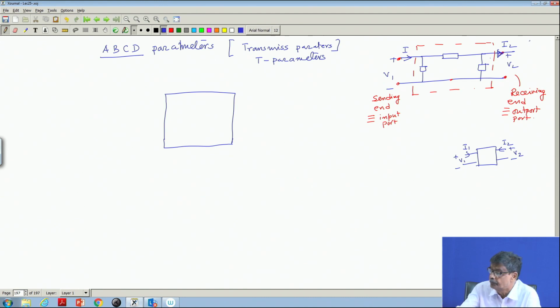So there is a change of convention for ABCD parameters. Note the change of convention of current direction in the output port.